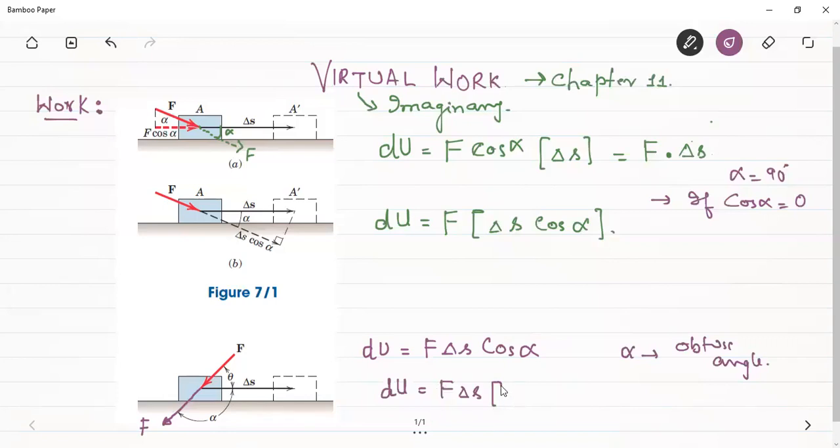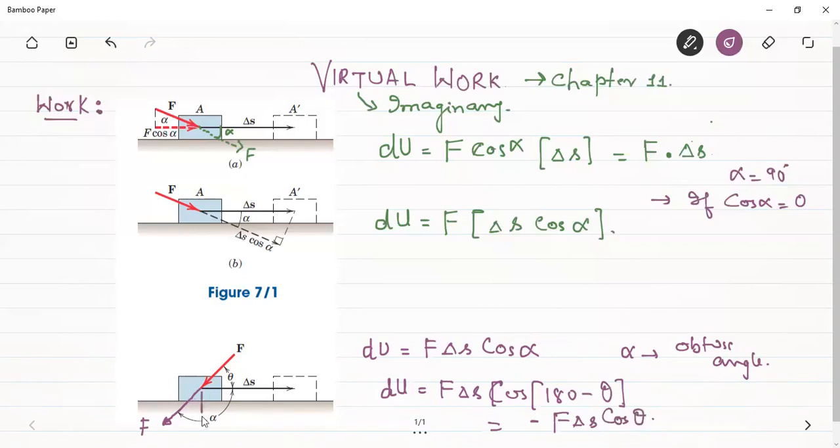Therefore, alpha will be 180 minus theta, and we know that cos of 180 minus theta is equal to minus cos theta. Therefore, this will be minus F delta S cos theta.